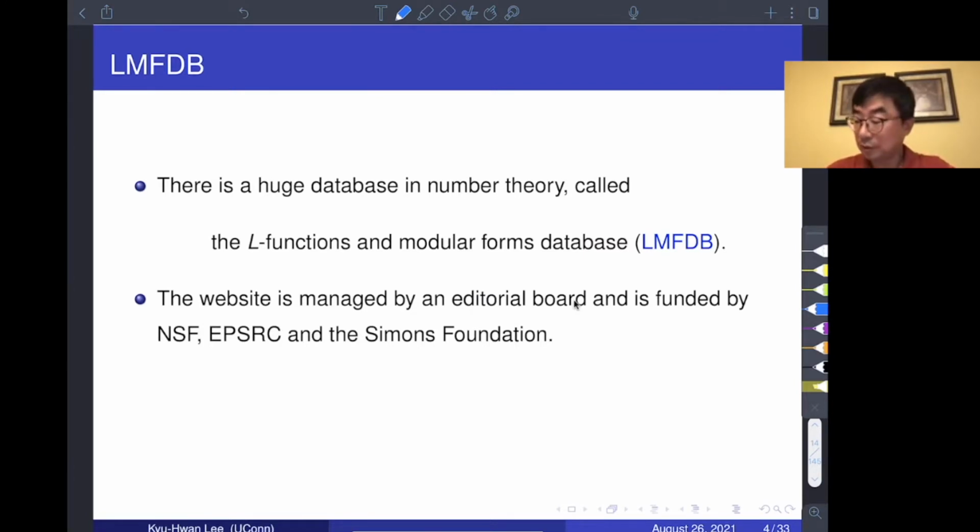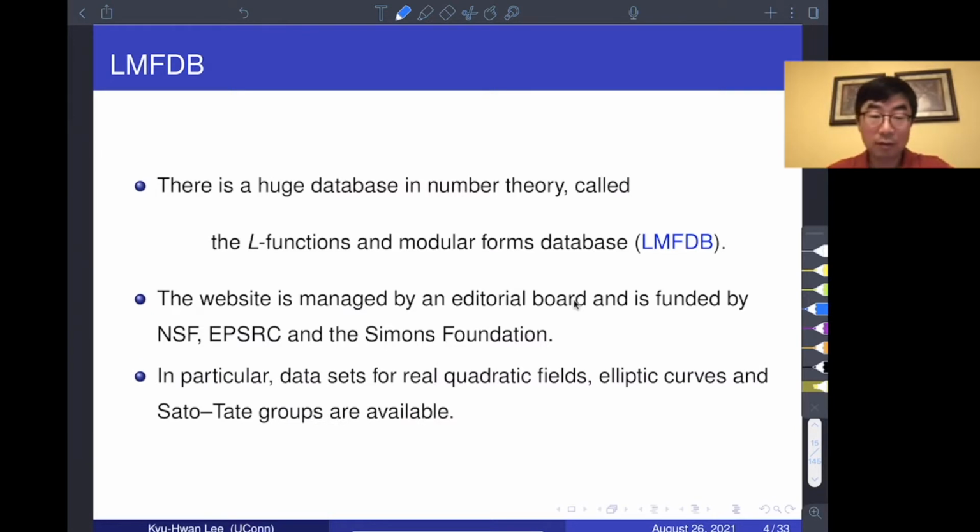It is really useful and a well-maintained and organized website. In particular, data sets for real quadratic fields, elliptic curves, and Sato-Tate groups are available. Again, we may download the data and then apply machine learning techniques. Actually, that's what we did in our three papers.